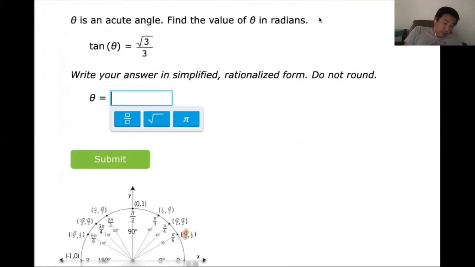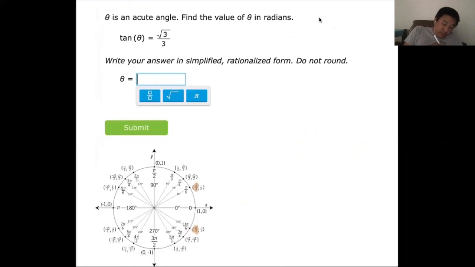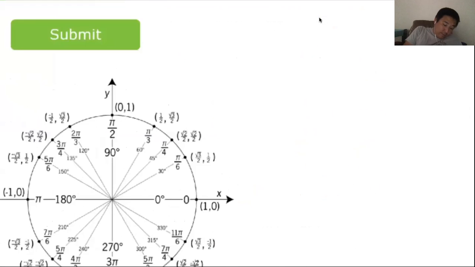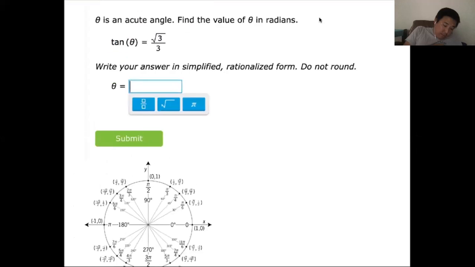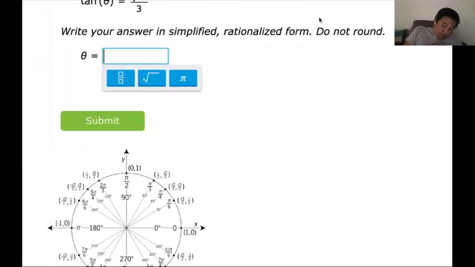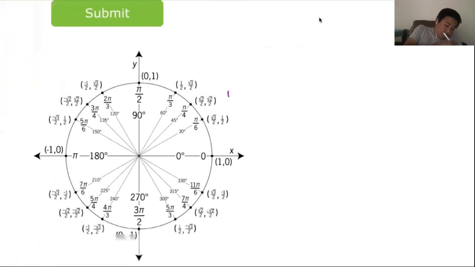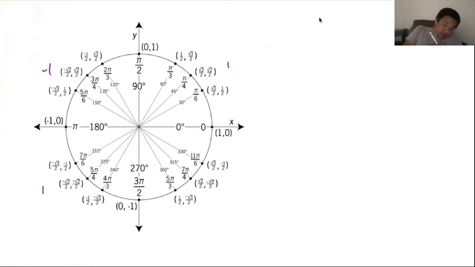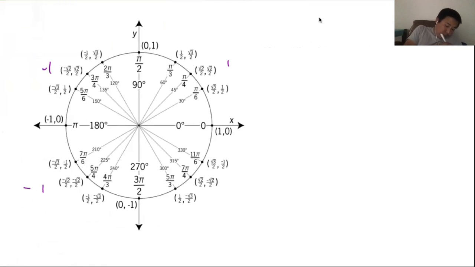All right, so this one is tangent root 3 over 2. So that one's hard because we don't have a tangent. So let me help you out. So for tangent, this is 1, negative 1, positive 1 and negative 1. This one is undefined.